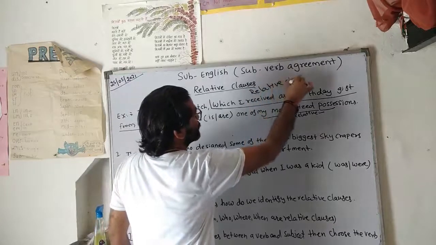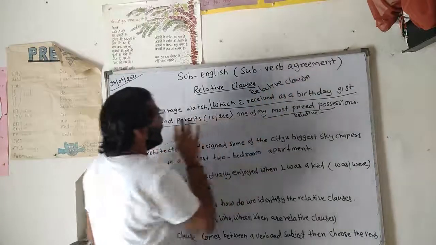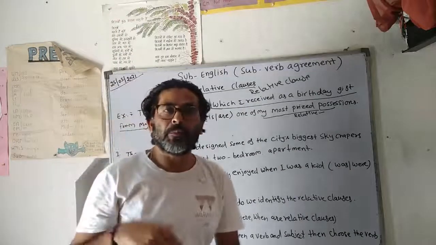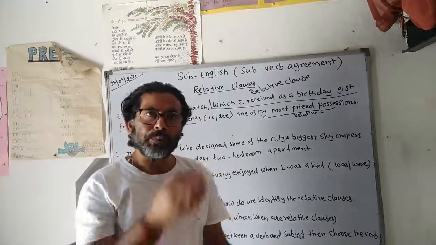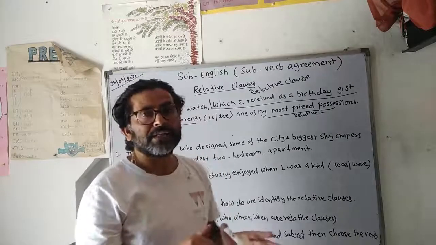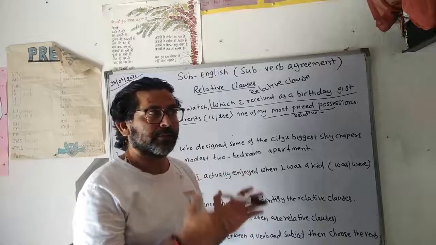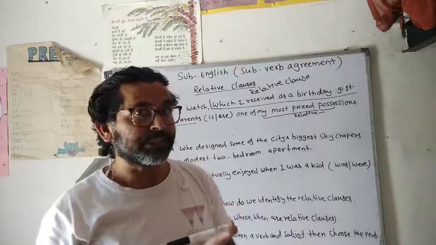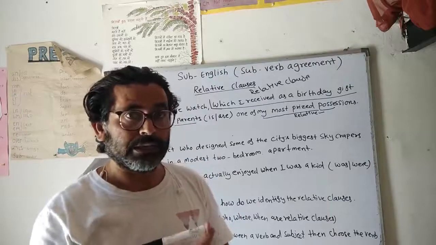And what does a relative clause do? A relative clause talks about the relation of a subject in the sentence. And when a relative clause comes between a subject and a verb, then we have to choose the verb according to the subject, not according to the relative clause.